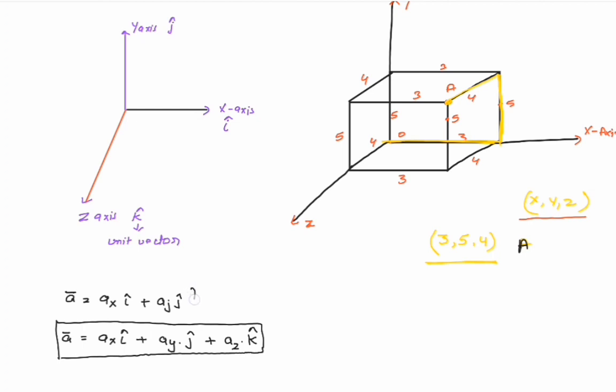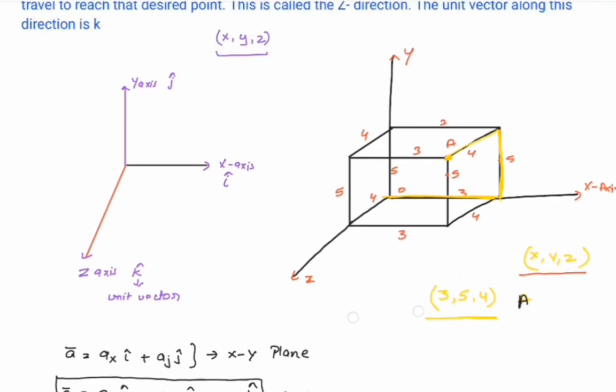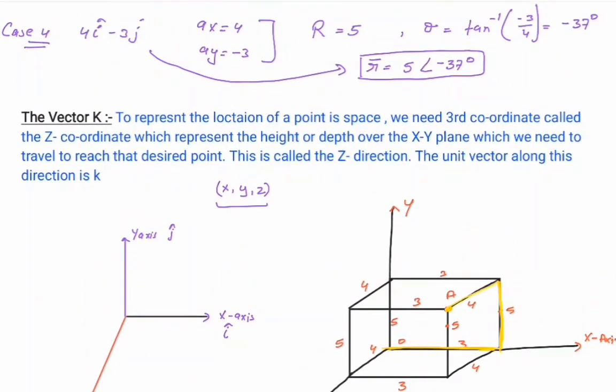Okay, this is a representation for the xy plane only. But here this is a representation of a vector in space. Just look at what is written over here. To represent the location of a point in space, we need a third coordinate called the z coordinate, which represents the height or depth over the xy plane, which we need to travel to reach that desired point.